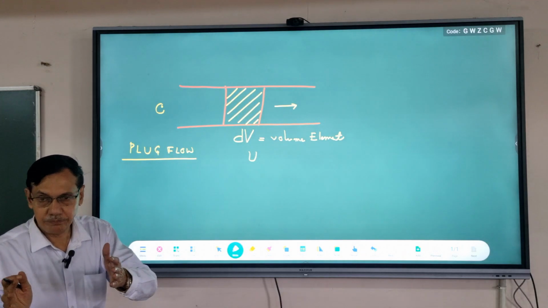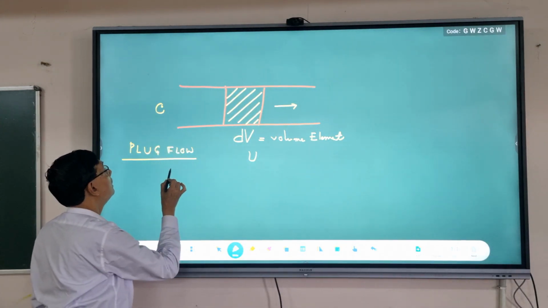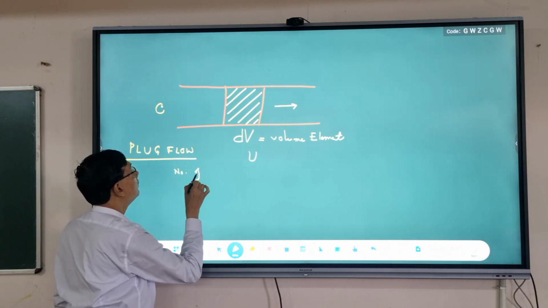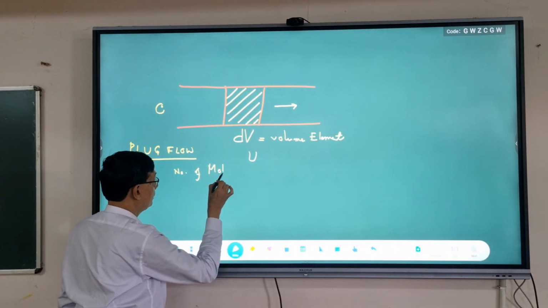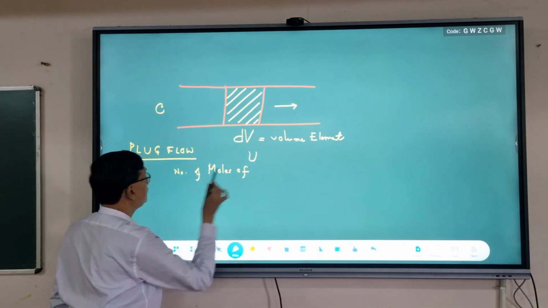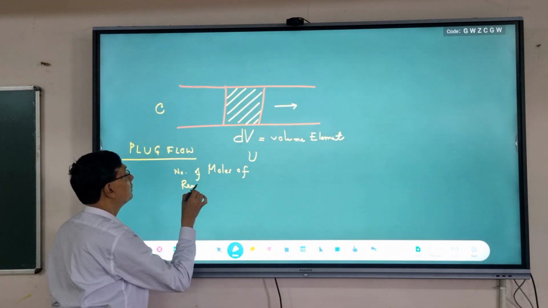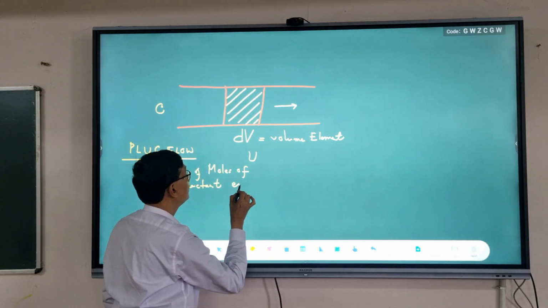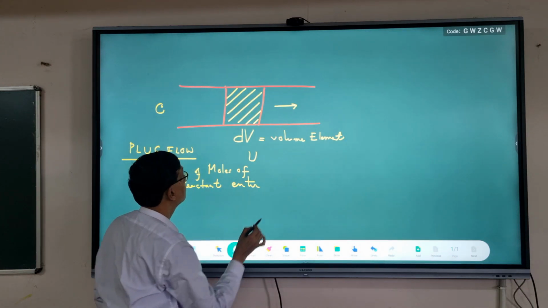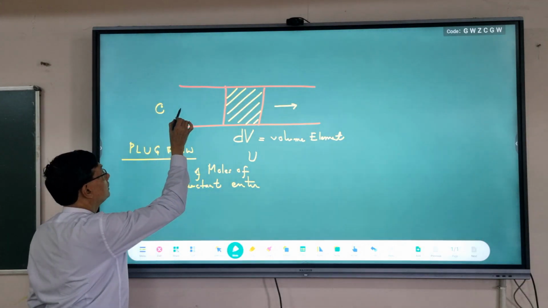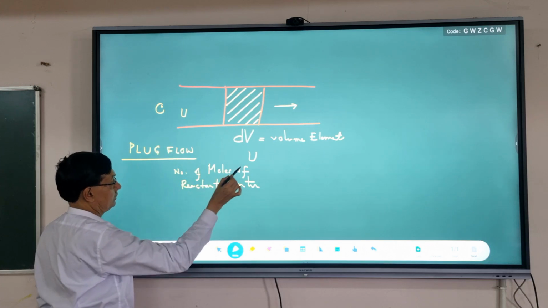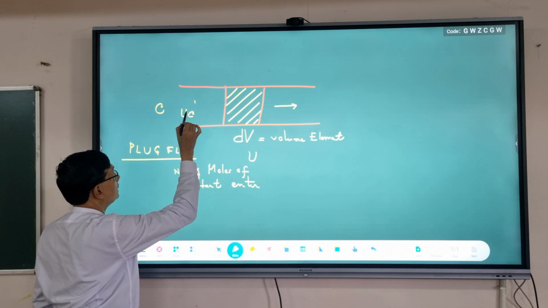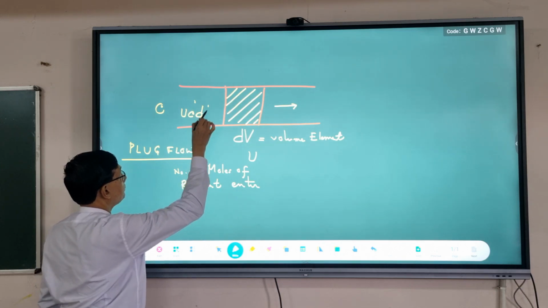Now there are two conditions. Number one is the number of moles of the reactant that enter. Very simple derivation. That is U C concentration dt.